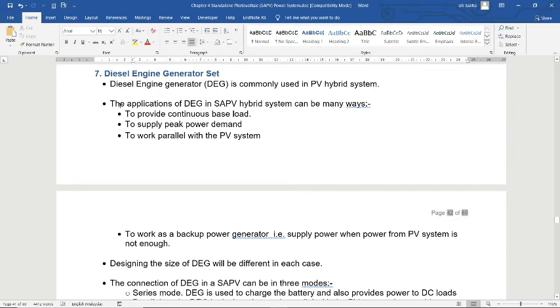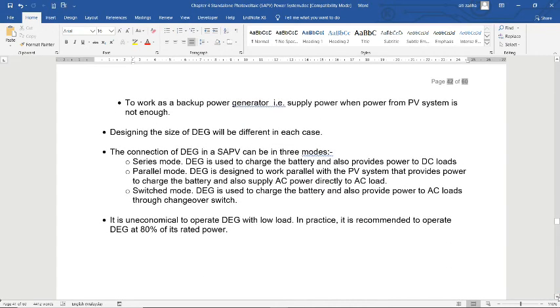For example, to provide continuous base load, to supply peak power demand, to work parallel with the PV system, or to work as a backup power generator, supplying power when power from the PV system is not enough. So the design of the size of the DEG will be different in each case.